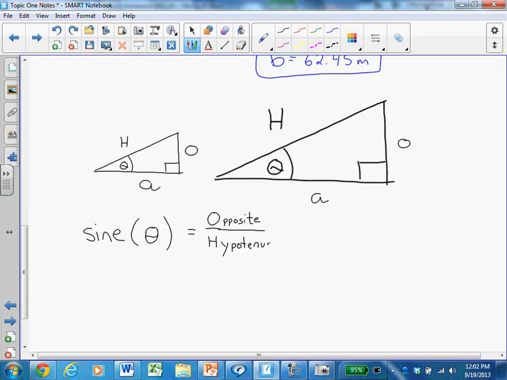Okay? Which is abbreviated sin, or S-I-N, not really sin. Sine theta, it's still read sine theta, but without the E. O over H.